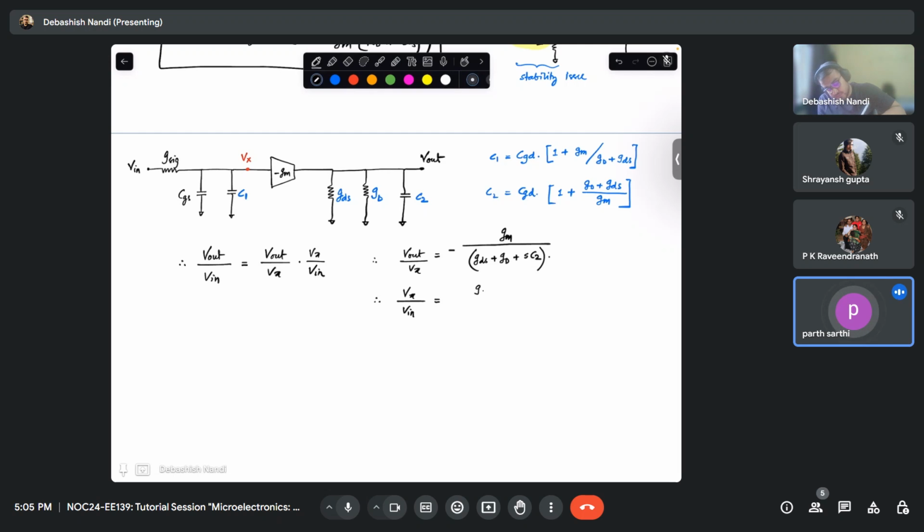G signal by G signal plus SC1 plus SCGS, right?